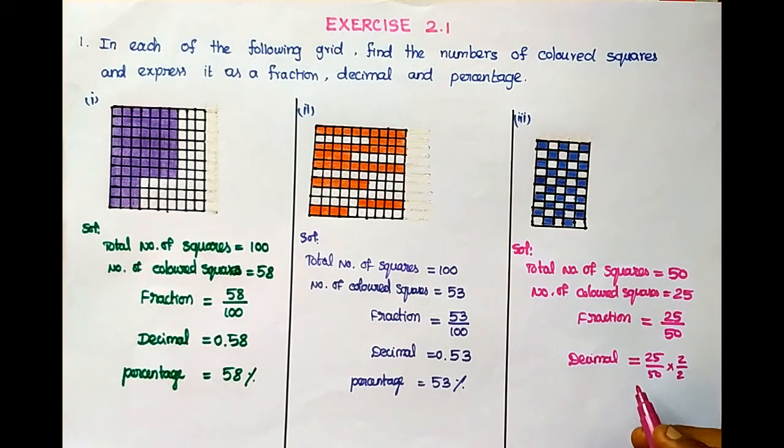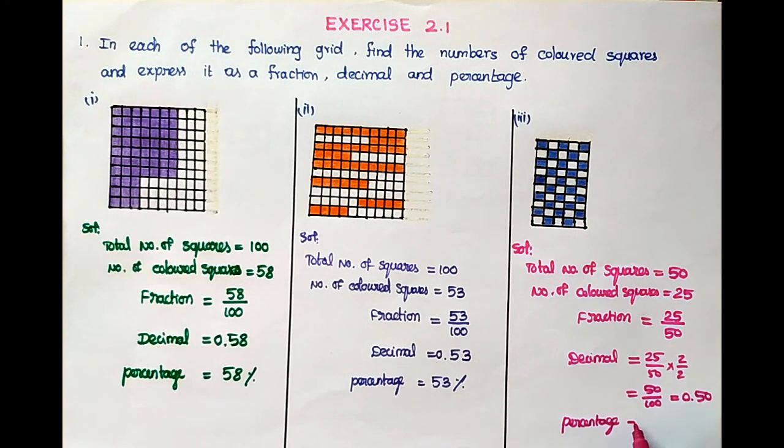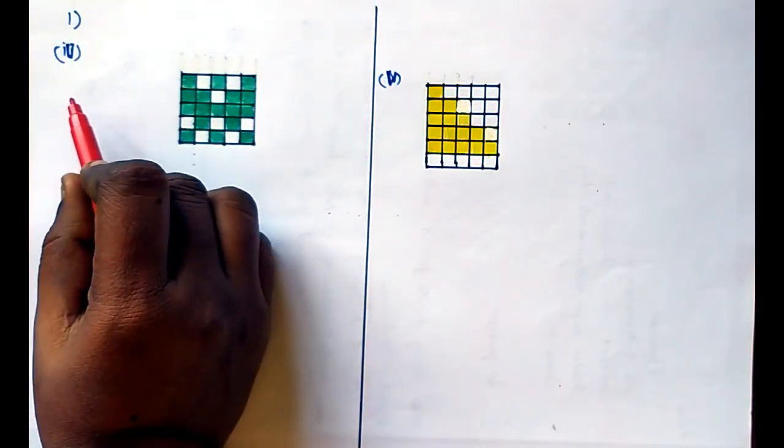So 25 2s are 50 divided by 100, that means 0.50 is the decimal. Now percentage. How much? 50 by 100, that is 50 percent. That is the answer.